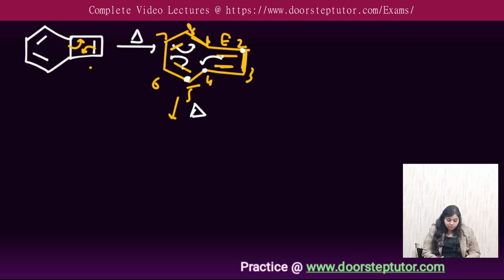So this is going to form 1 dash, 2 dash, 3, 4, 5 and a 6-membered ring will be there. So a 6-membered ring with the 1, 2 and 3 carbons in between. So the main thing is, let me just take this again.